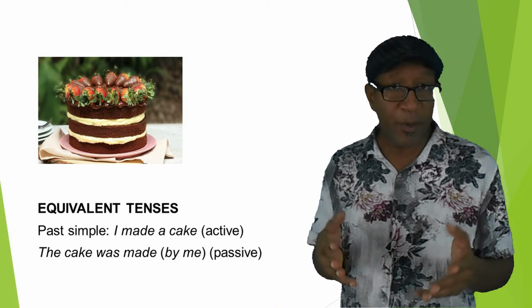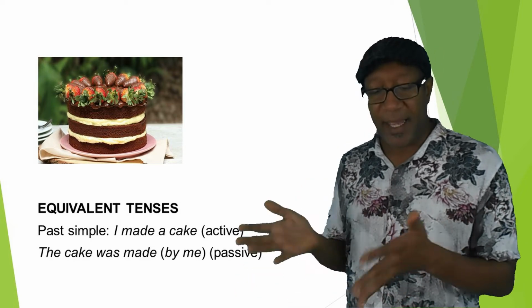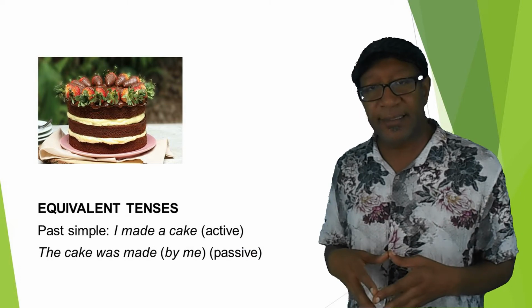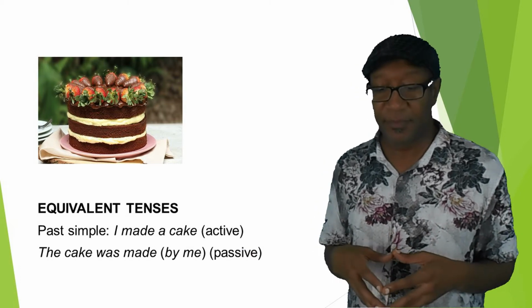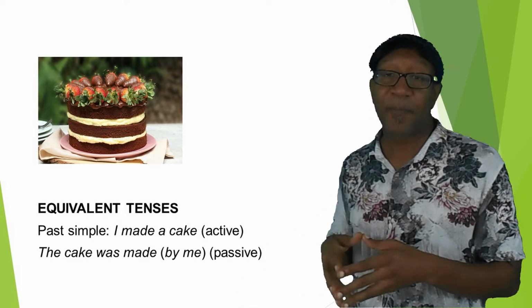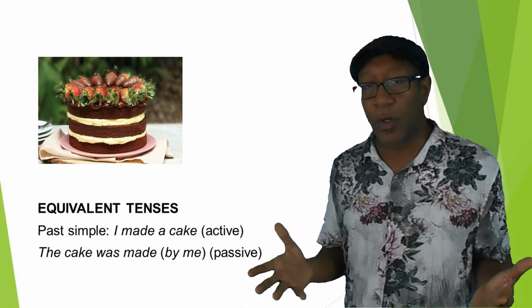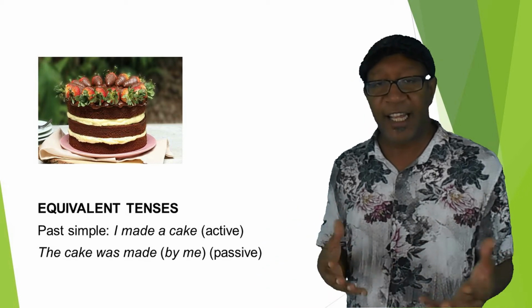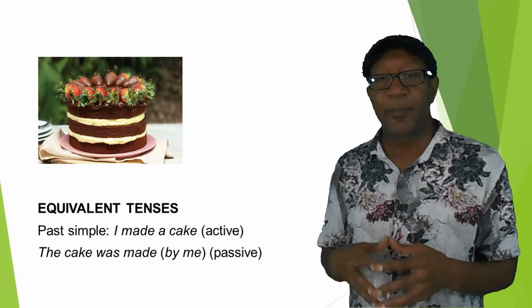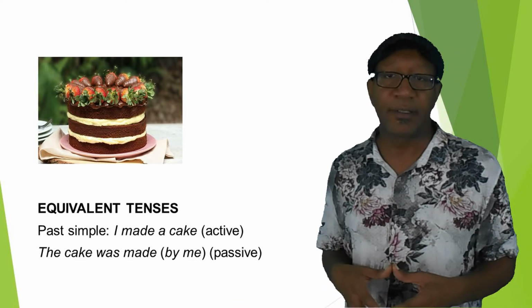I'll give you an example with the simple past. I made a cake is active. The cake was made by me is passive. So you can check the difference between the active voice and the passive voice.